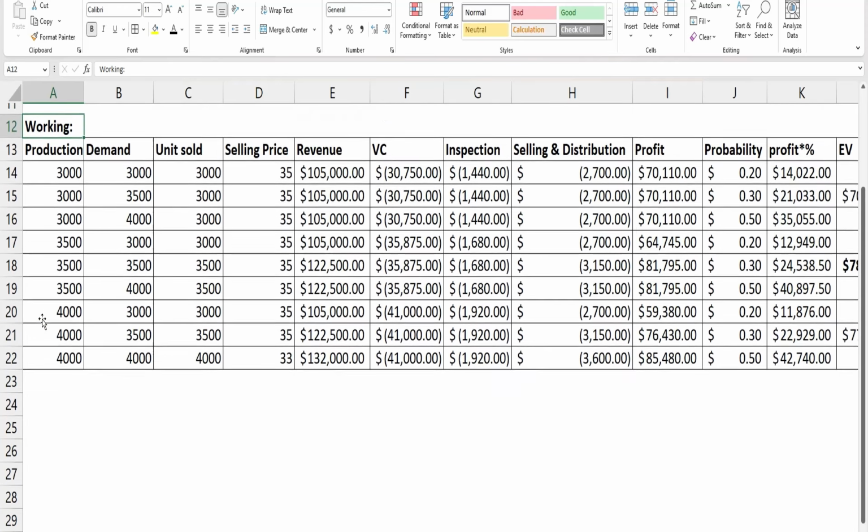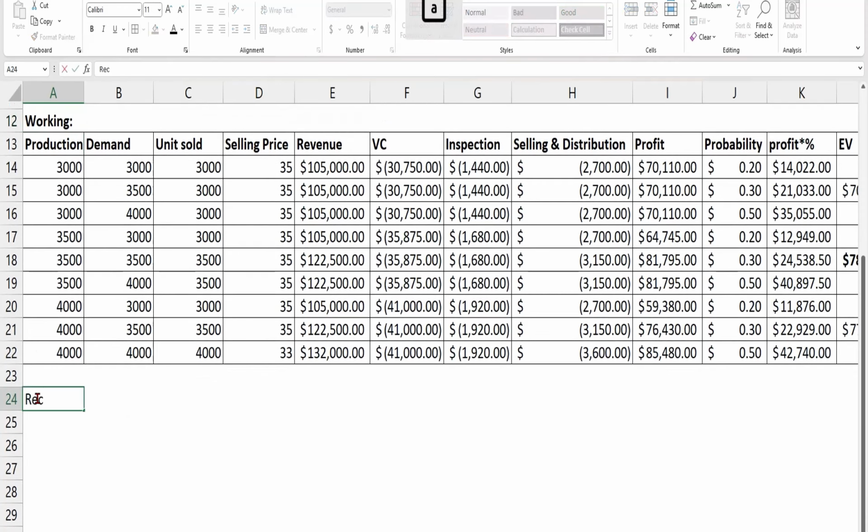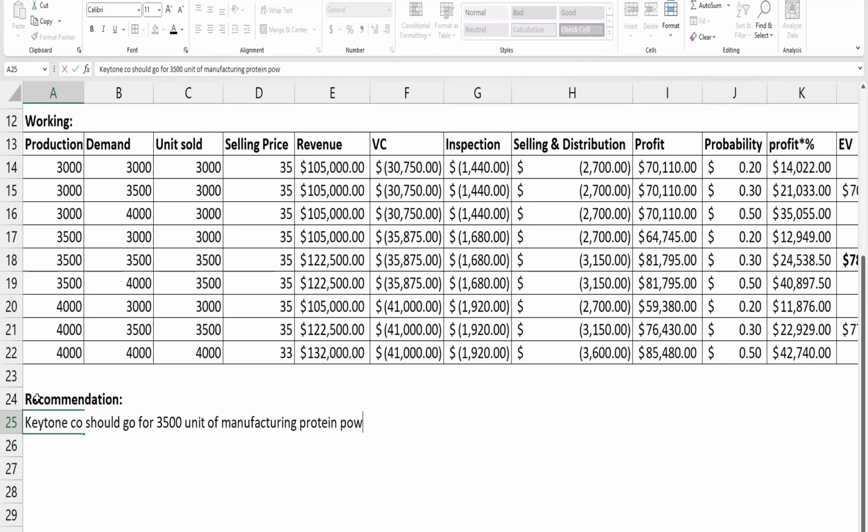Now you can make a heading of recommendation. What you can write down: Keytone company should go for 3500 units of manufacturing protein powder. And now you have to mention the reason why.